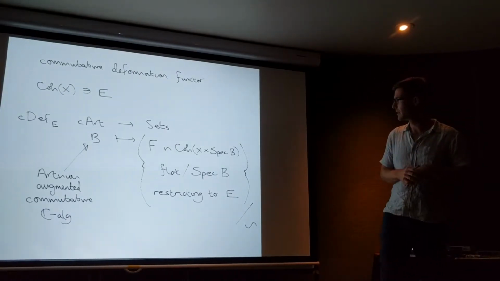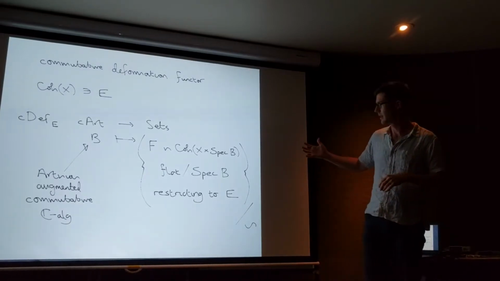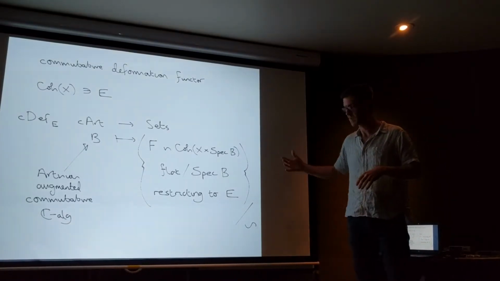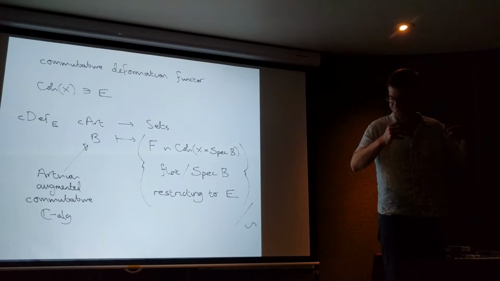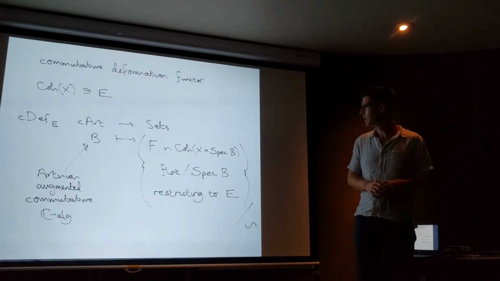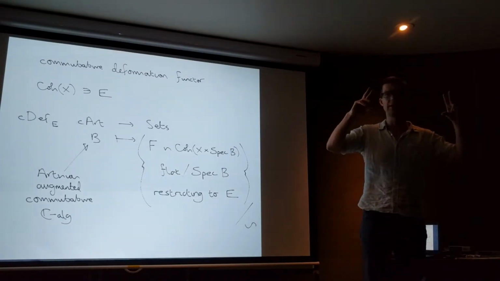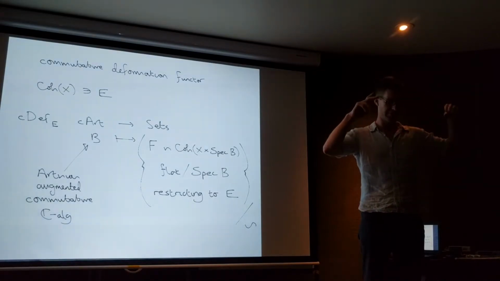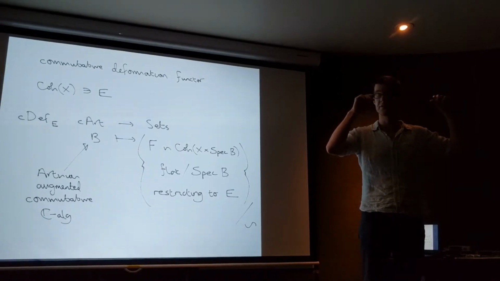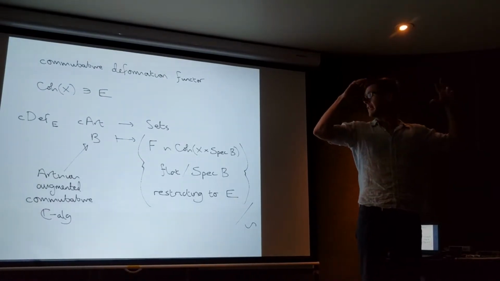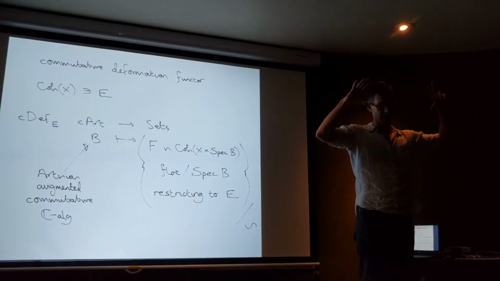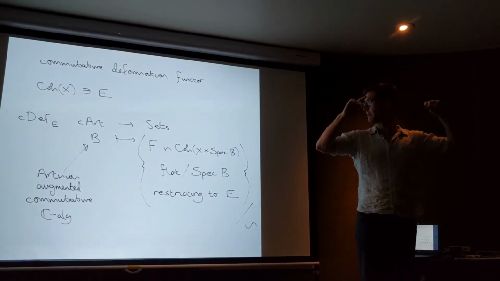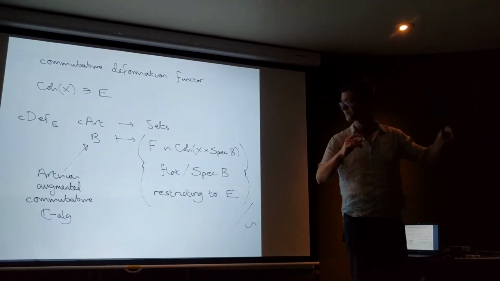Because spec B is affine, I don't lose much information by doing that pushdown. So I get a coherent sheaf on X, and because it was pushed down from X times spec B, the pushdown has the structure of a B module.